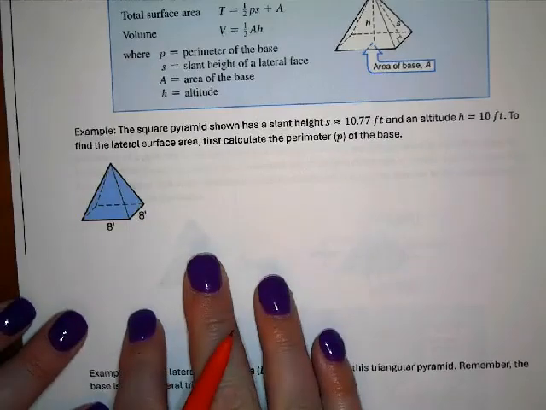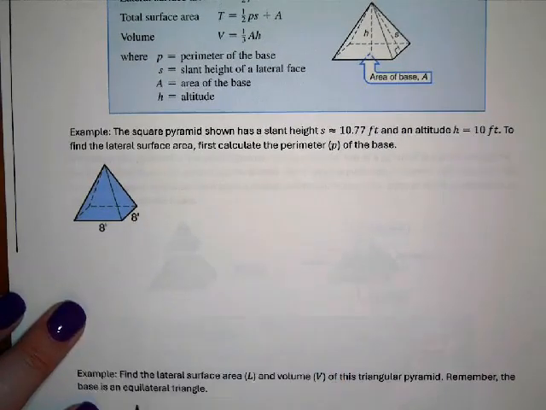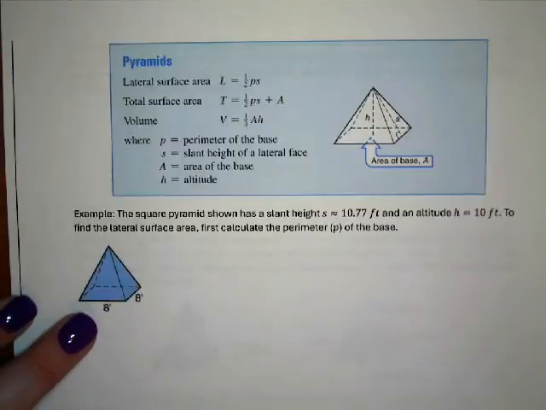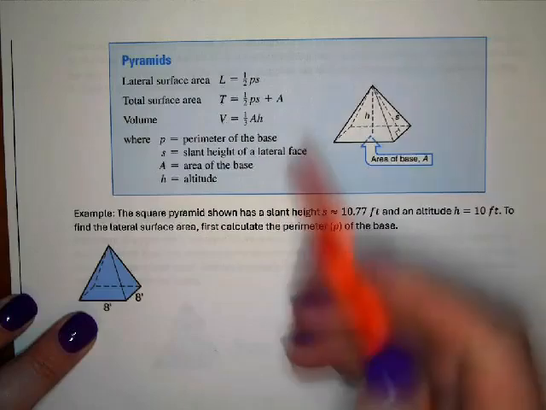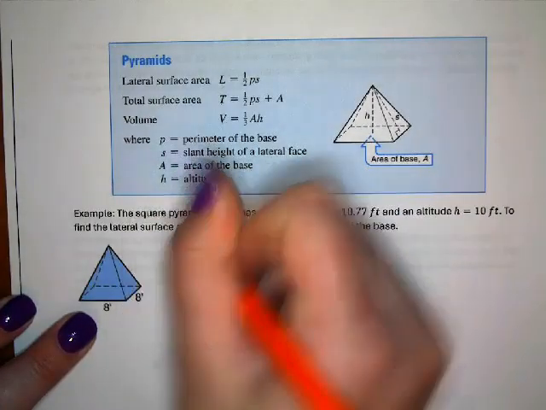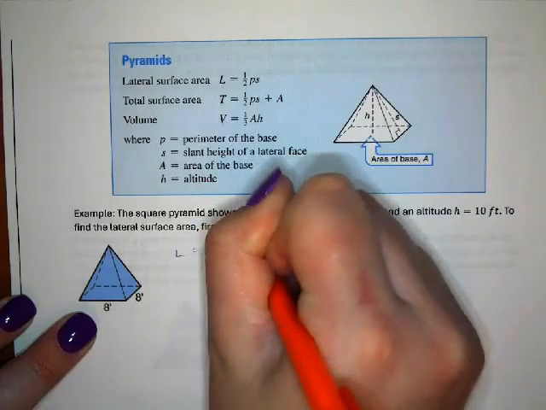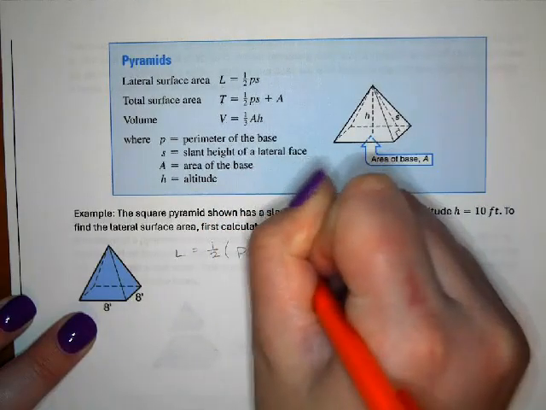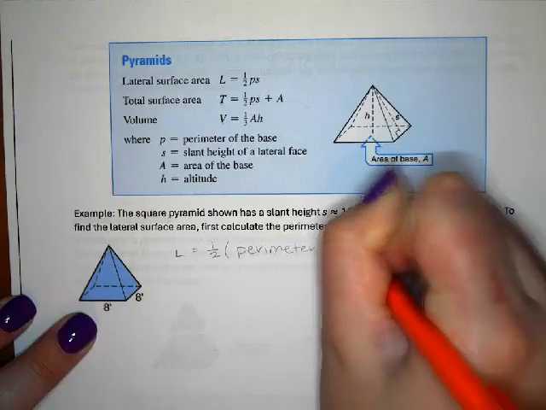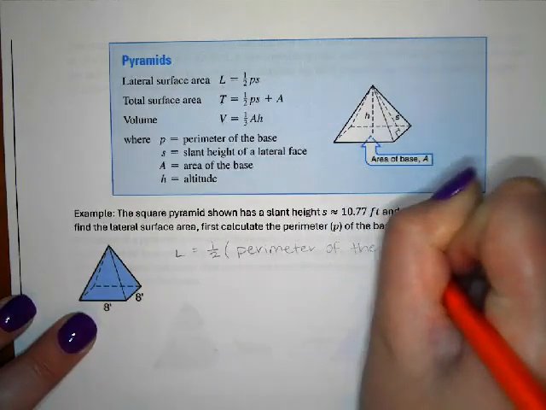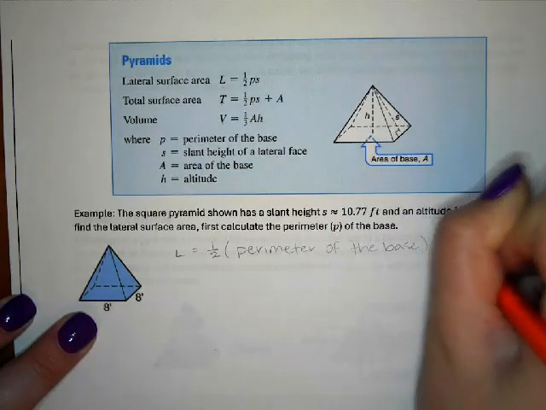All right, so for the first example, it says the square pyramid shown has a slant height of 10.77 feet and an altitude of 10 feet. To find the lateral surface area, first calculate the perimeter P of the base. So first we're going to say the lateral surface area is 1/2 times the perimeter of the base times the slant height.